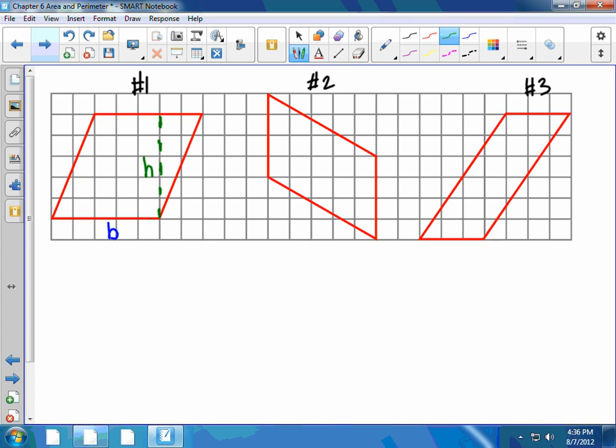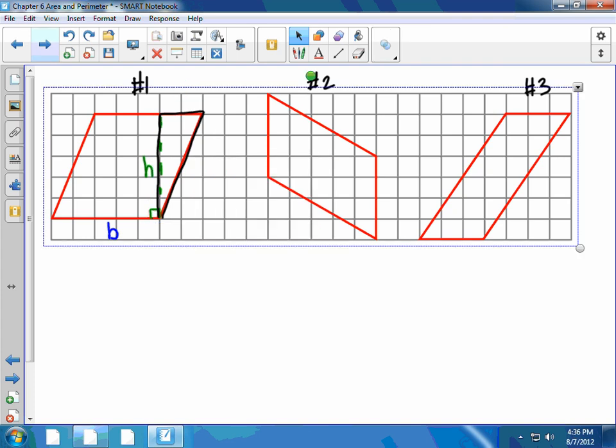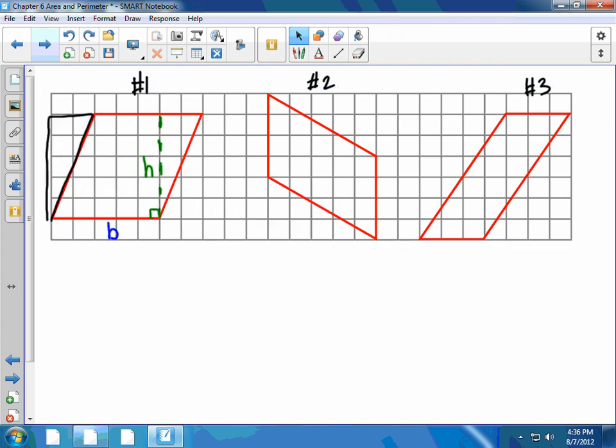So here's my height. And you can see that along that height, if I cut along that, I get this triangle here. And if I take that triangle and cut it, I can move it to the other side, and you can see that we get a rectangle.